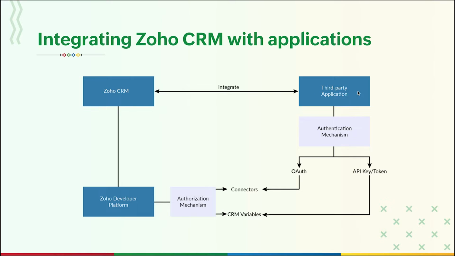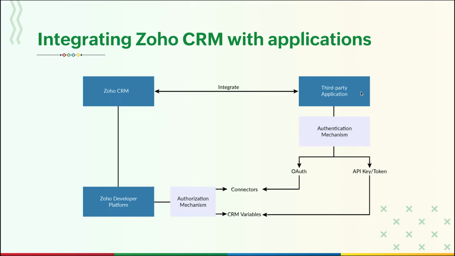However, every application has its own user authentication mechanism in order to establish safety and security protocols. So the Zoho CRM developer platform also provides 2 major features, namely connectors and CRM variables, that can be used to securely connect with third-party applications based on the authentication mechanism supported by them.